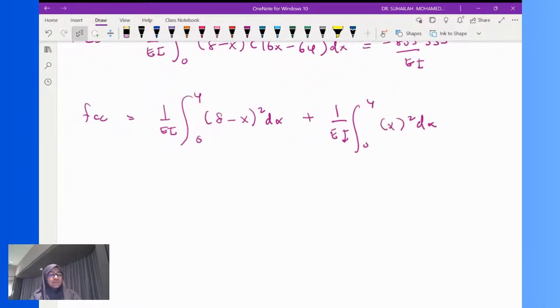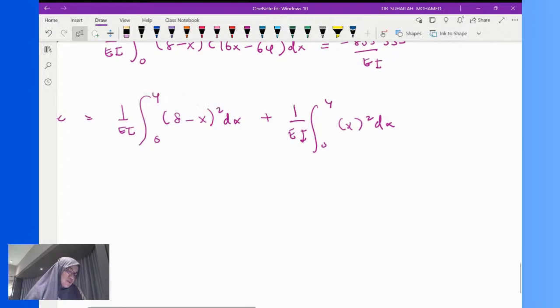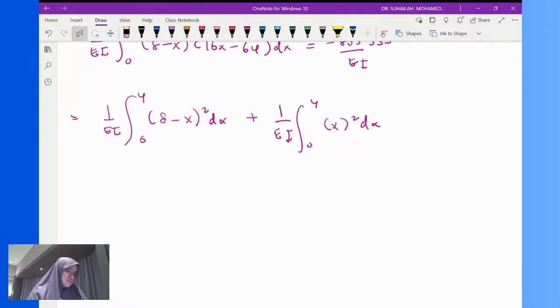Remain the answer in terms of EI, because EI will be cancelled whenever we solve the compatibility equation.